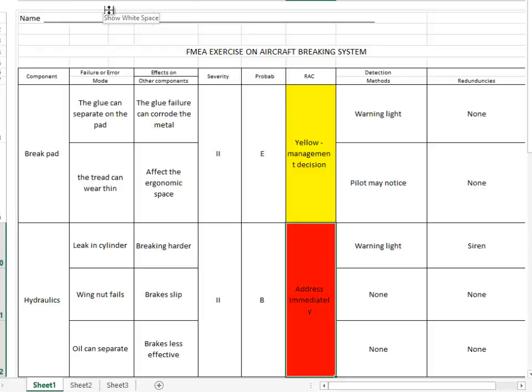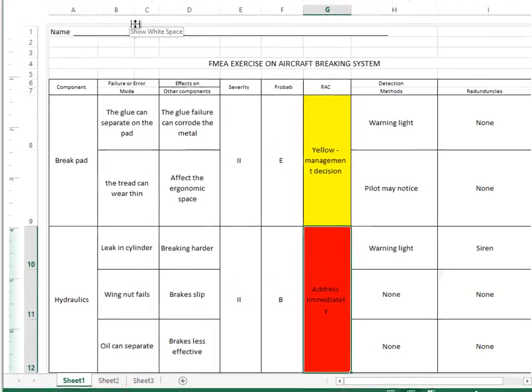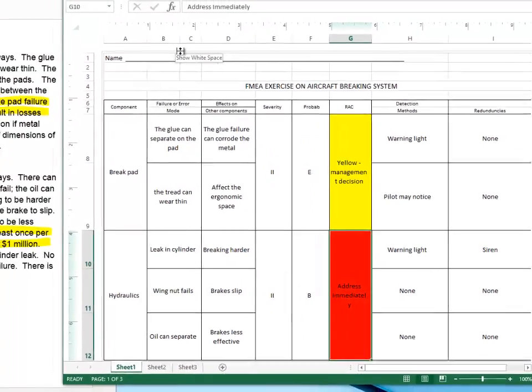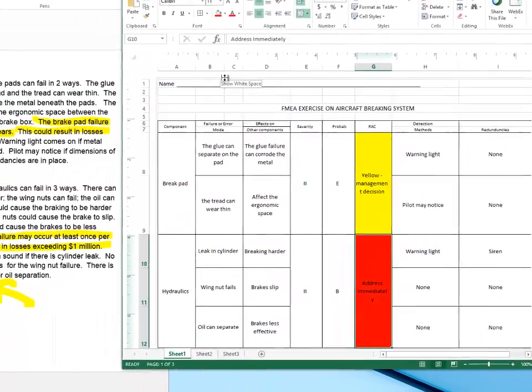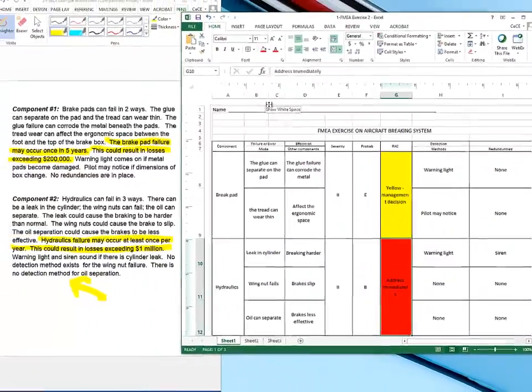Now, which one of these would you fix first? I bet you could figure that out all by yourself. All right, so are you ready to do your own exercise? Go ahead and fill out your Dropbox assignment on FMEA and listen to this again if you have any questions.